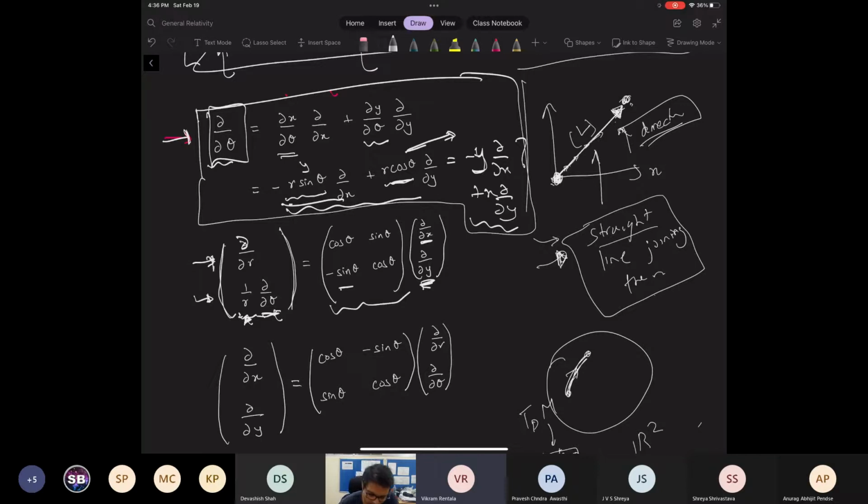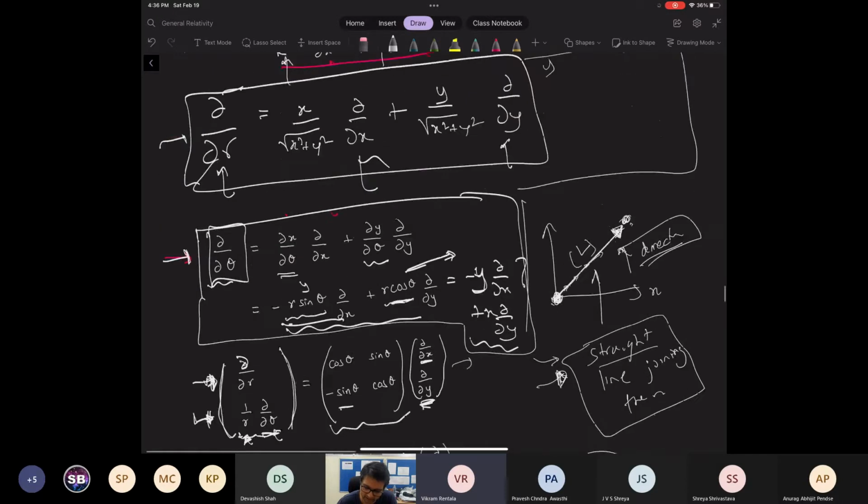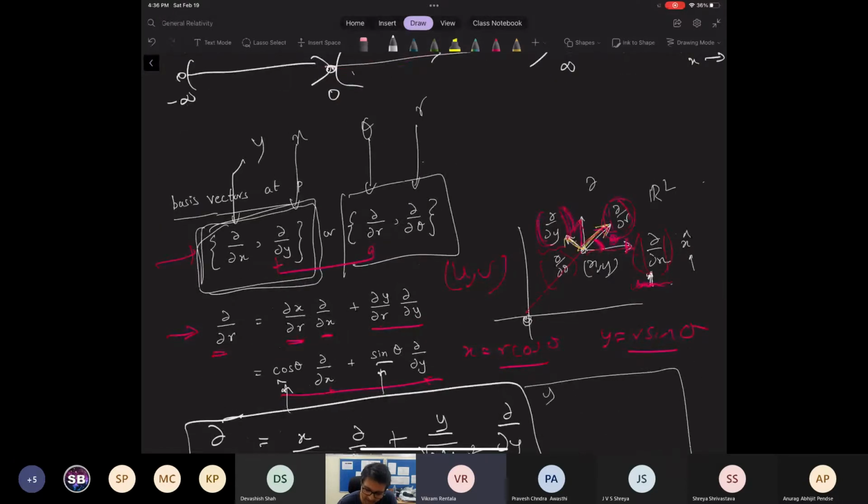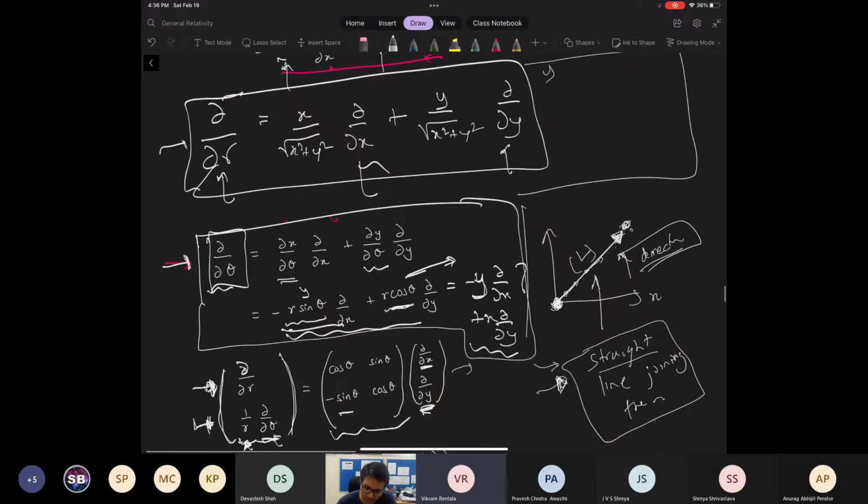So at the moment, when you look at this, you see partial r, 1 by r partial theta. It looks like your new basis vectors, that is partial r and partial theta. If I write this as 1 by r partial theta, then this new basis vector is related to the old basis vectors, partial x and partial y, by just a rotation.